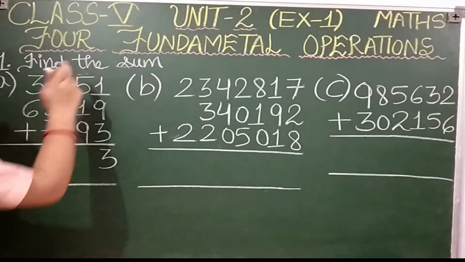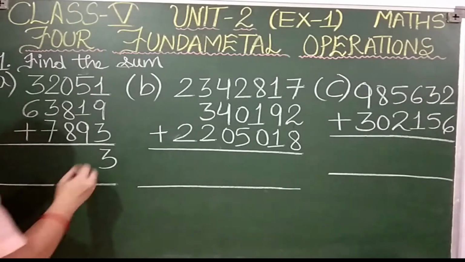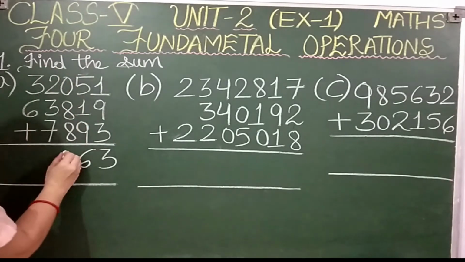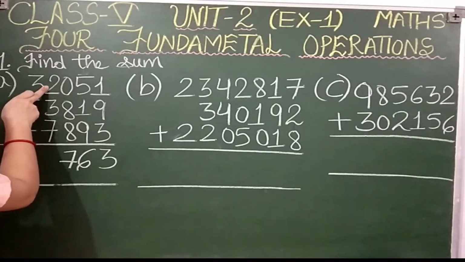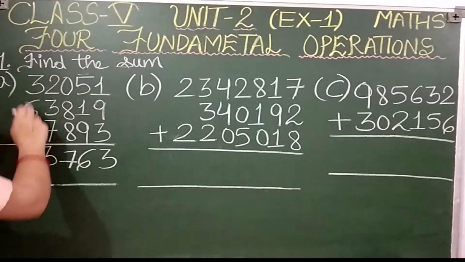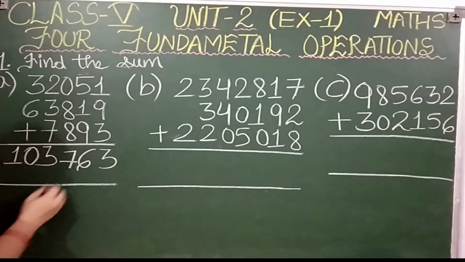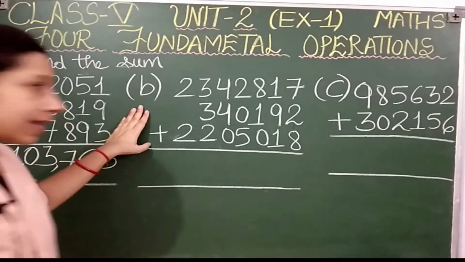Then 5 plus 1, 6, 6 plus 1, 7, 7 plus 9, 16. We get 16, again 1 carryover. 8, 8, 16, 16 plus 1, 17, 1 carryover. 7 plus 3, 10, 10 plus 2, 12, 12 plus 1, 13. Again 1 carryover. 6 plus 3, 9, 9 plus 1, 10. So the final answer I got is 1,03,763. Clear?